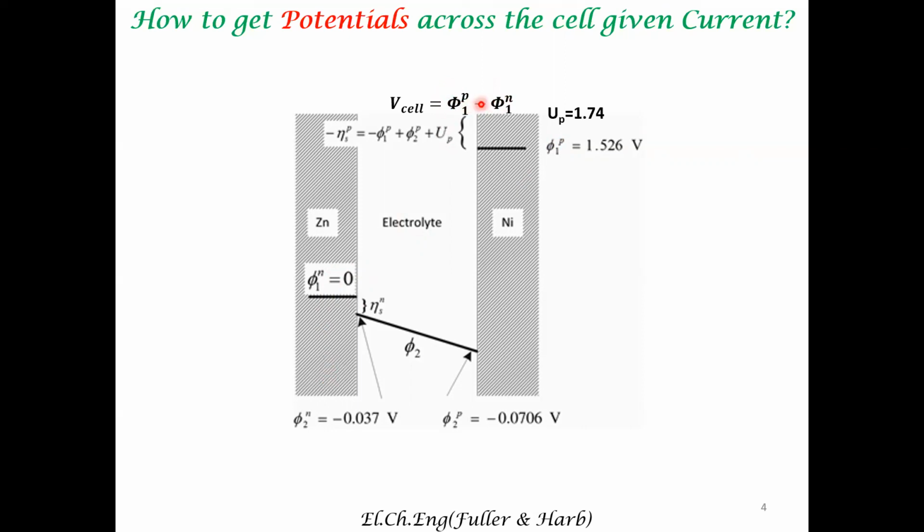Okay, so because we are talking about the potential of the cell as the difference between two quantities, we can arbitrarily assign the value of this to be 0. So it doesn't really matter. So we can give this value to be 0, and we can quote the value of the positive electrode with respect to this value.